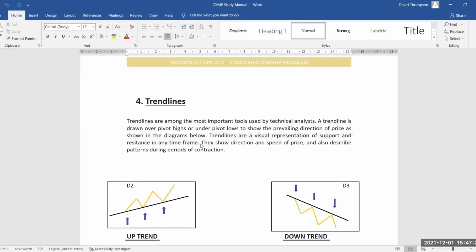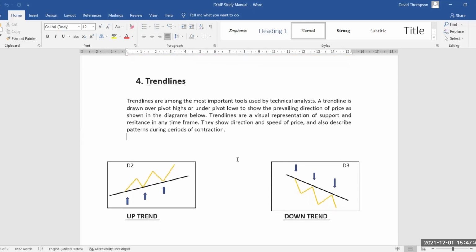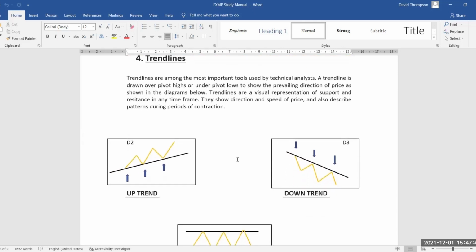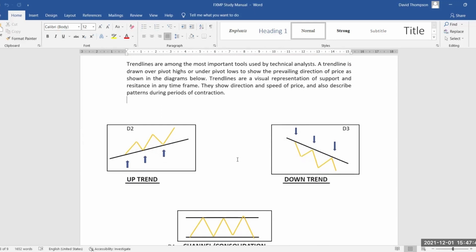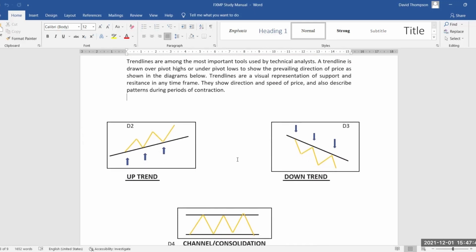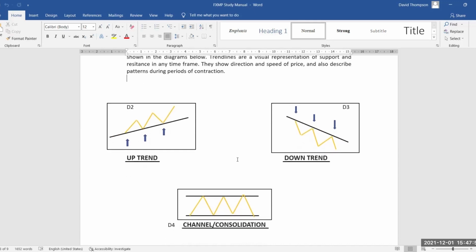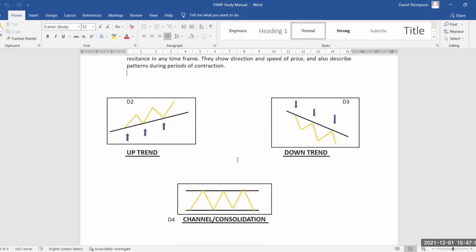Continuing. They show direction and speed of price and also describe patterns during periods of contraction. Okay, so moving down to the diagrams now, we show here the three different ways that the markets can trend.